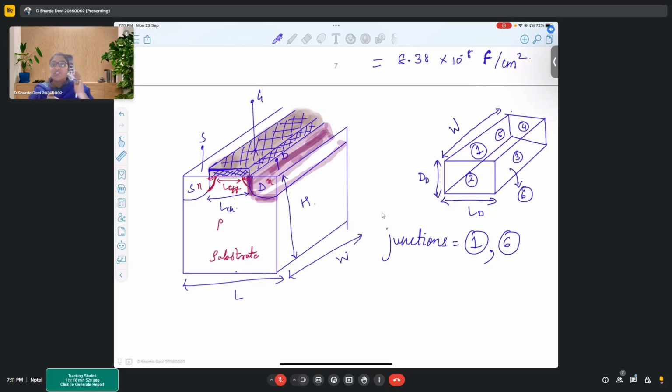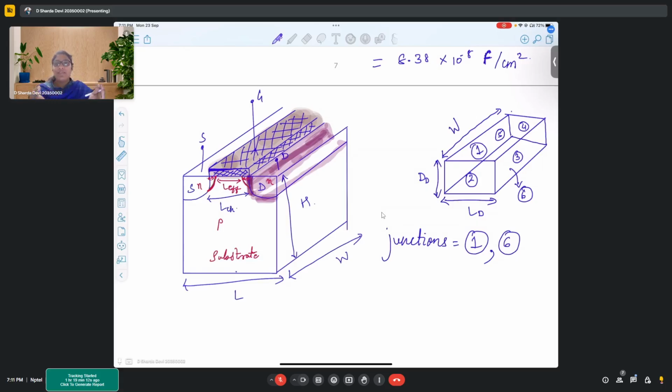It will also have a junction because this particular transistor will be connected to some other transistor. During fabrication, you don't fabricate one transistor on one die, right? You fabricate multiple transistors on a single die.